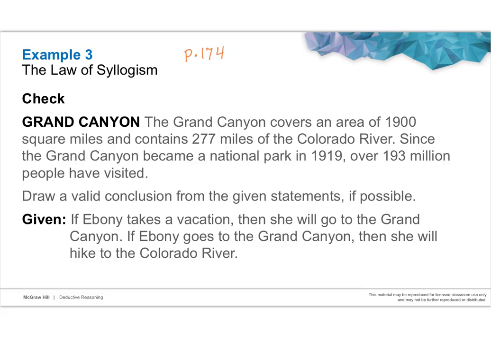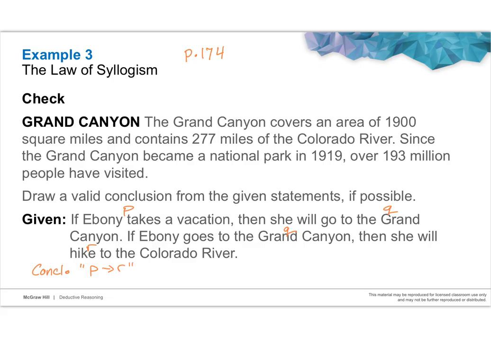Hopefully you can see that our conclusion should be, because we have P here, and then Q is the Grand Canyon part, and then we start off the next statement with Q, and then R being the hike. So our conclusion is going to be if P, then R.